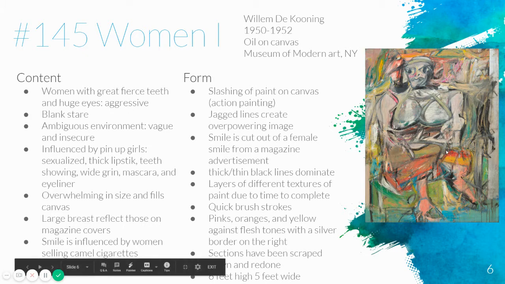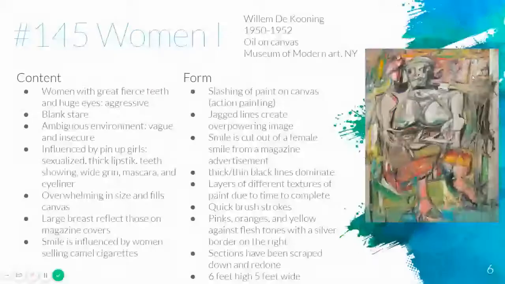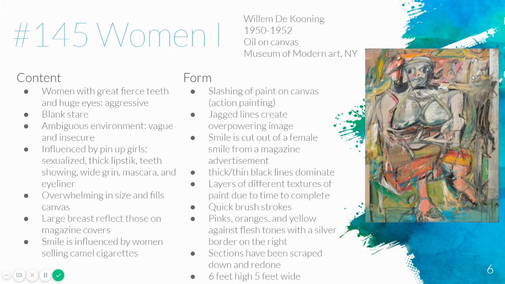If you look closely at her face, you can really see these markings of teeth here. She has very huge eyes, and the first reaction is that it's aggressive, and that's the point. William de Kooning really wanted to emulate that aggressive feel to this painting.